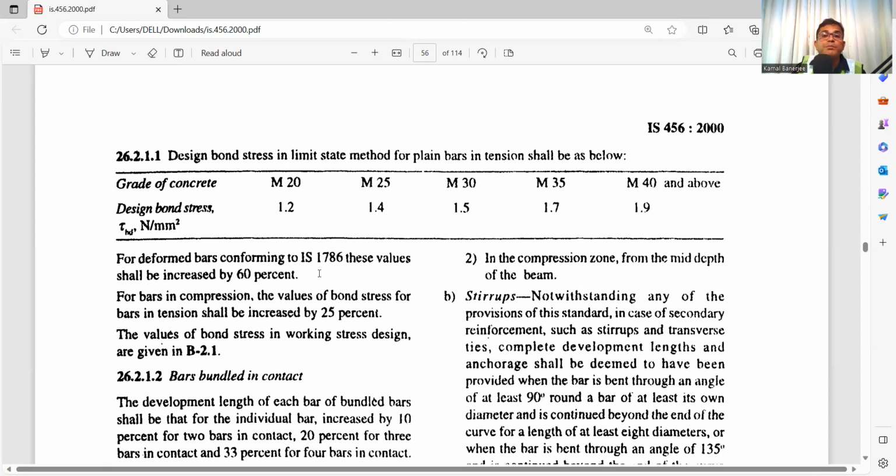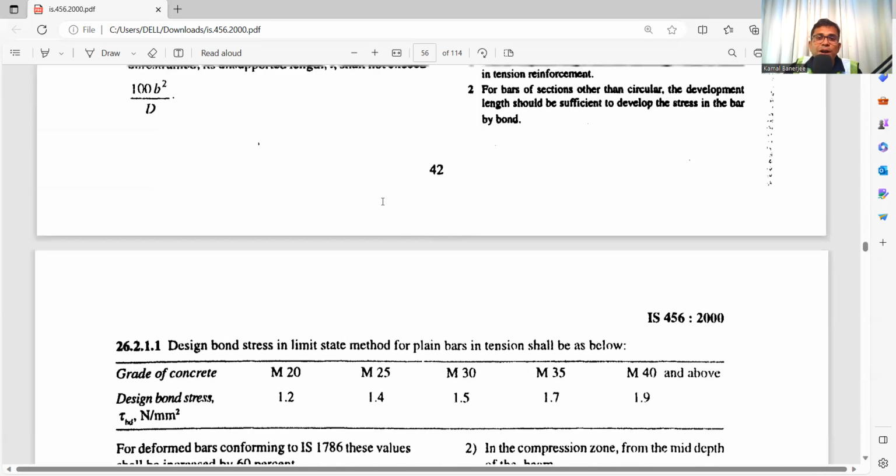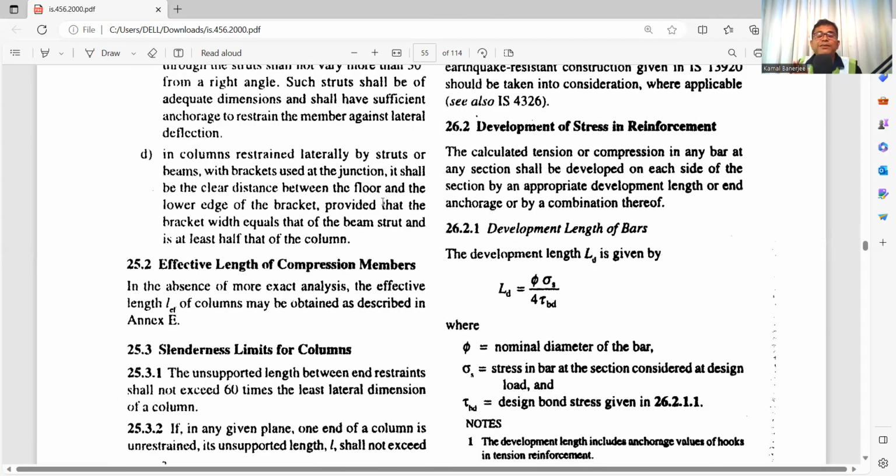And if it is a compression member with a ribbed bar, then first the value will be increased by 60%, then again by 25% for the compression member. This formula is very important, and it is clearly mentioned in clause 26.2.1 of IS 456.